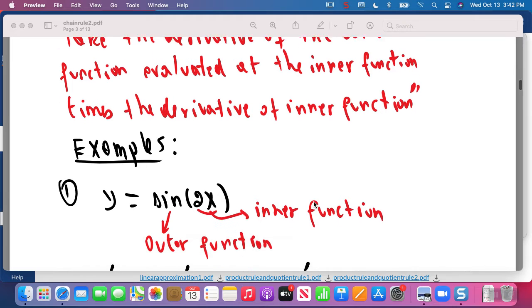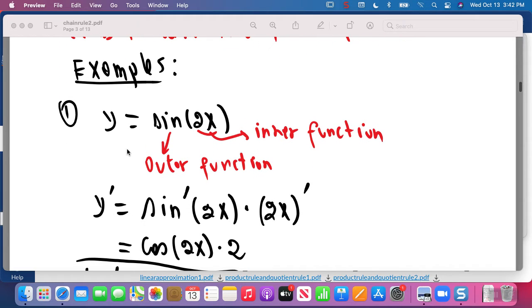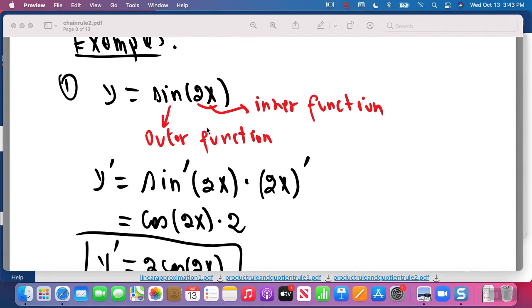So an example: you are given y equals sine of 2x. When you look at this, you have two functions. The outer function is a sine function. The inner function is 2x. The chain rule says when you're taking the derivative of sine 2x, first take the derivative of the sine function. The derivative of sine is cosine.